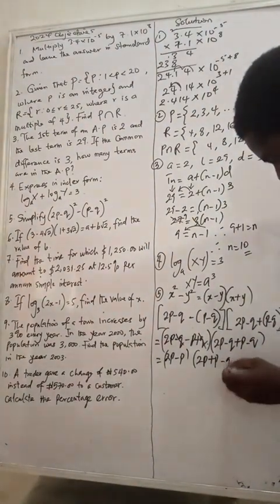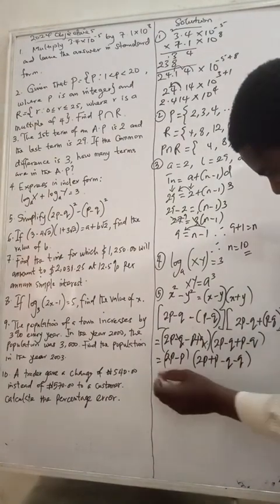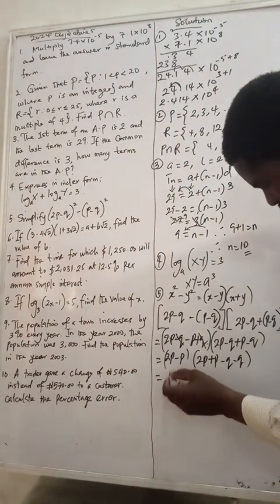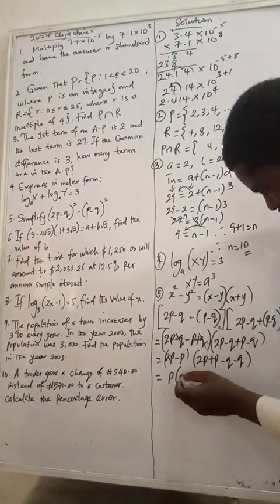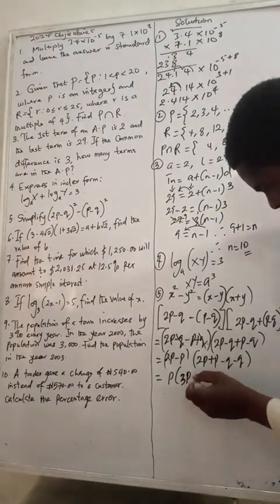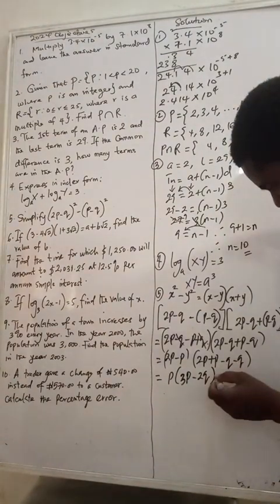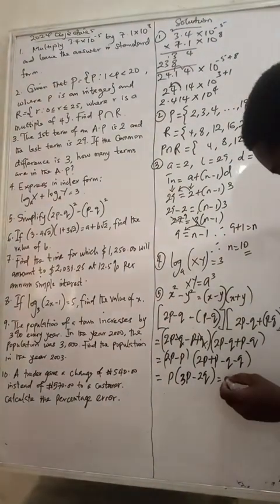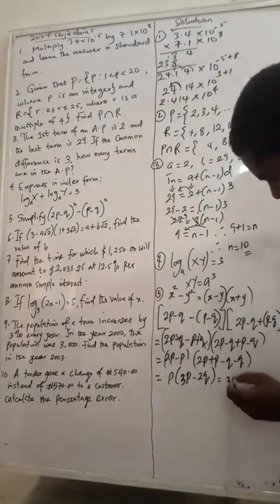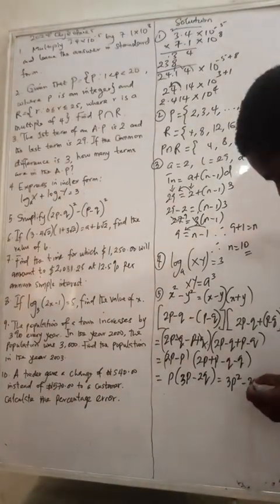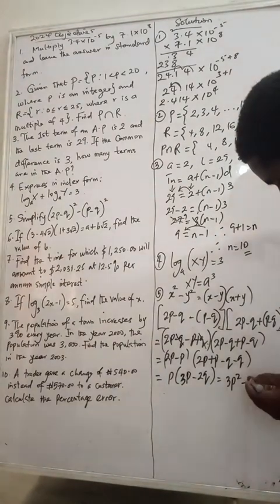That will give us minus q minus q. So from here we have p times 3p minus 2q. So when you open the bracket, you have 3p squared minus 2pq. So that is it.